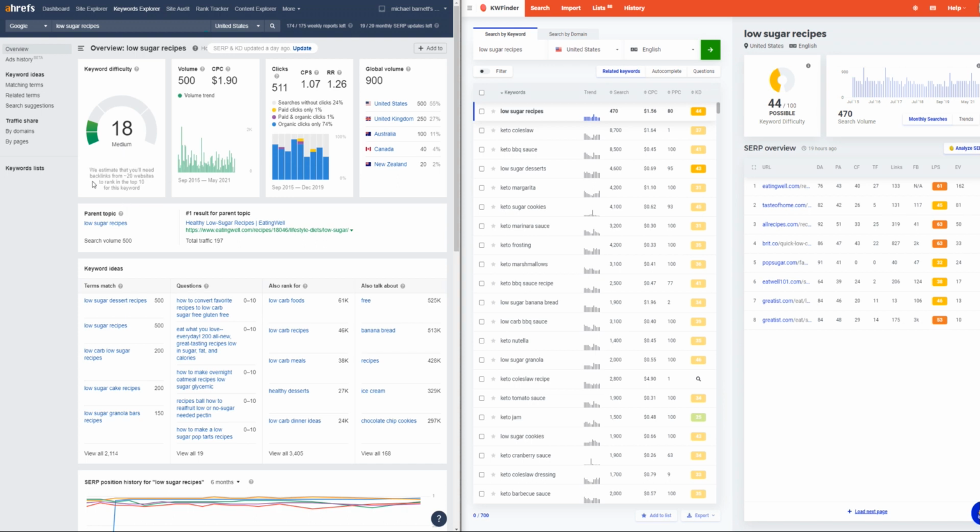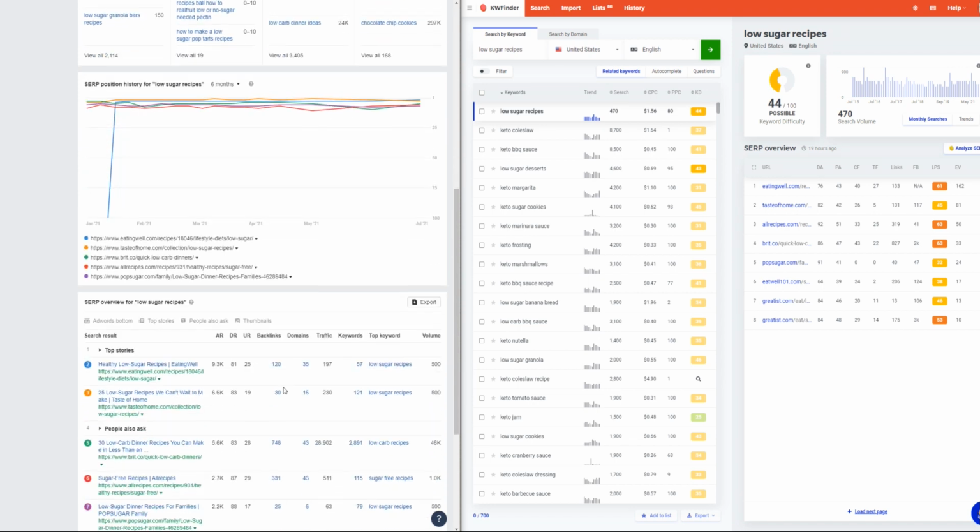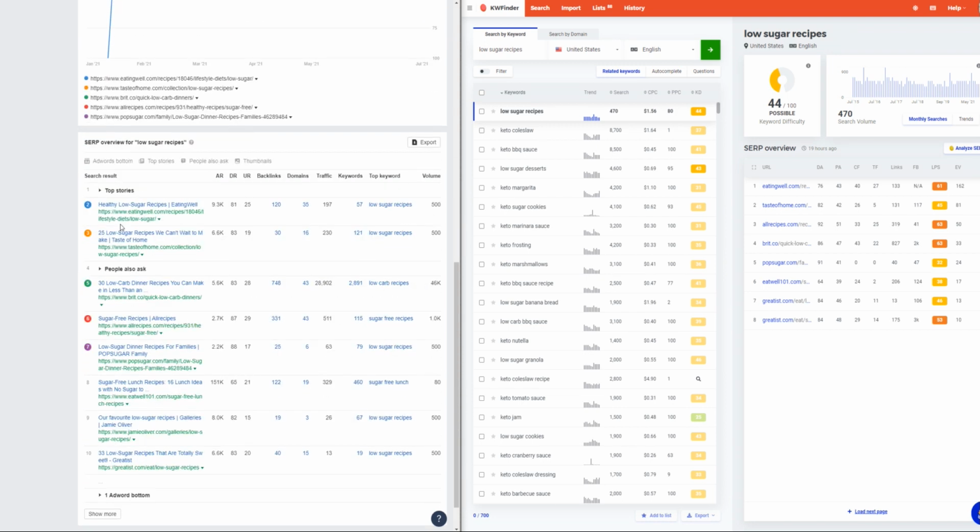We estimate you need backlinks from 20 websites to rank. Okay, it does have SERP history, that's interesting. So healthy low sugar recipes, 25 low sugar recipes, low carb.